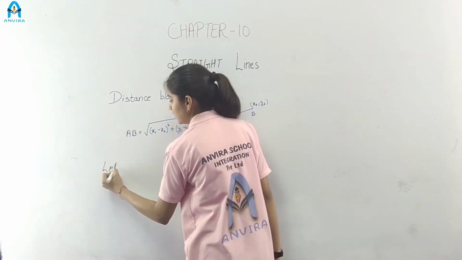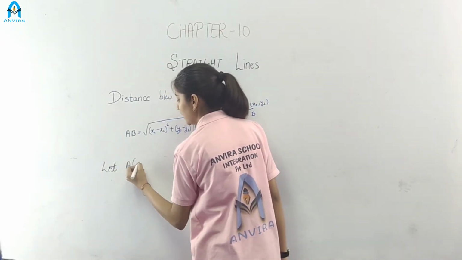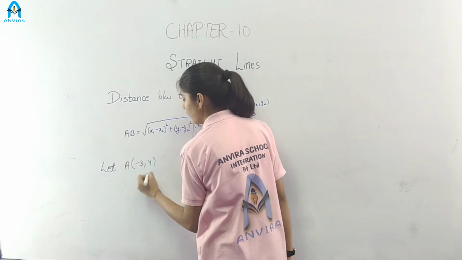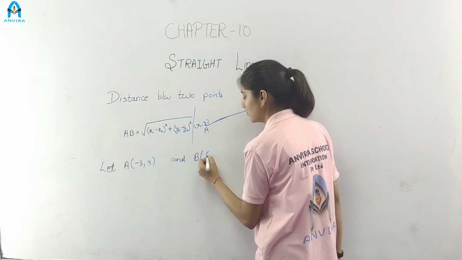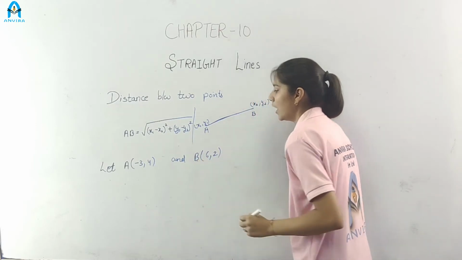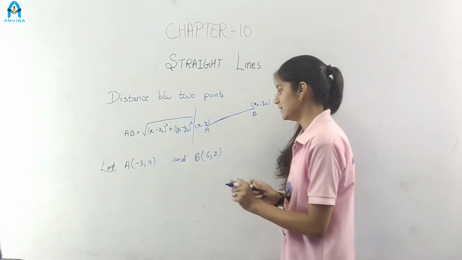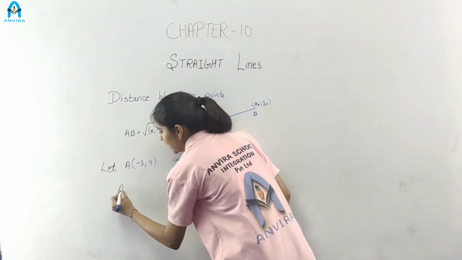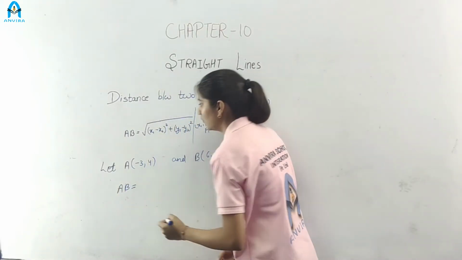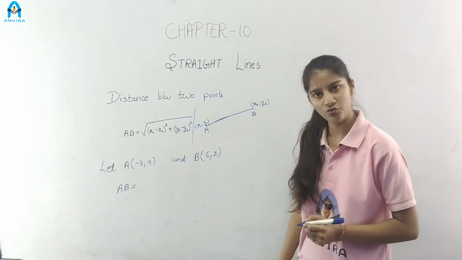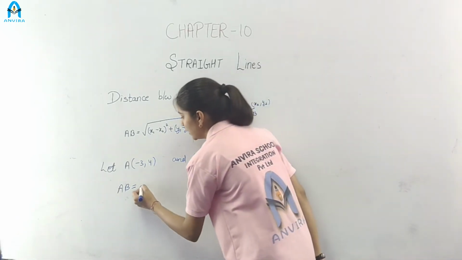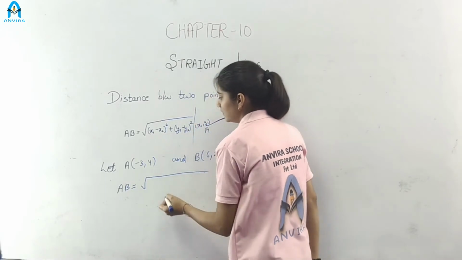Let the coordinates of A be (-3, 4) and the coordinates of B be (6, 2). How could we find the length AB? We know that AB is given by the formula under root of (x1 minus x2) whole square plus (y1 minus y2) whole square.